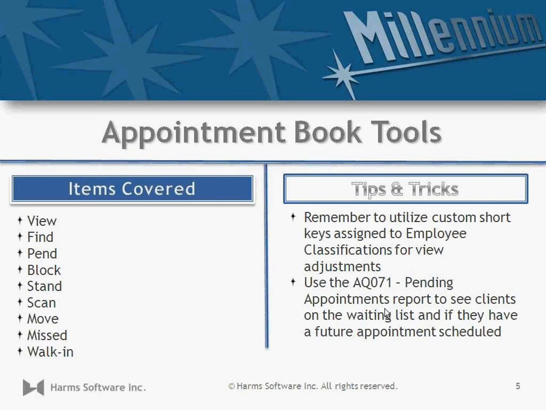We can also use our scan feature, which is great for when we want to book packages and we don't want to look through and see when that is going to happen and in what order. We can also move appointments easily by using that move option. We can take a look at our missed opportunities, and also we can use our first available manager to take a look at who is available first for when walk-ins come on in.